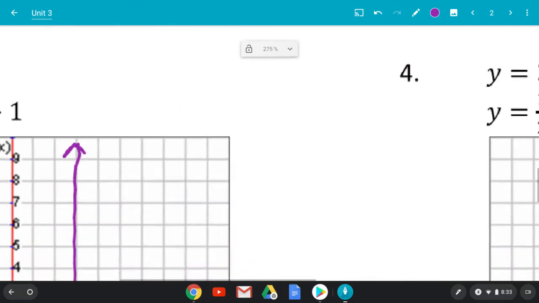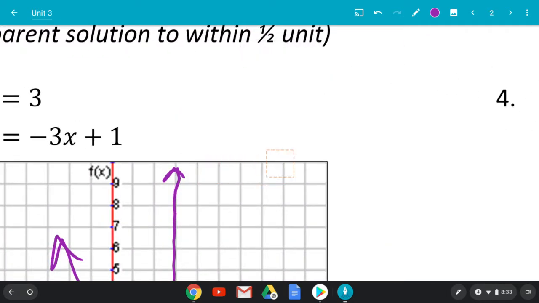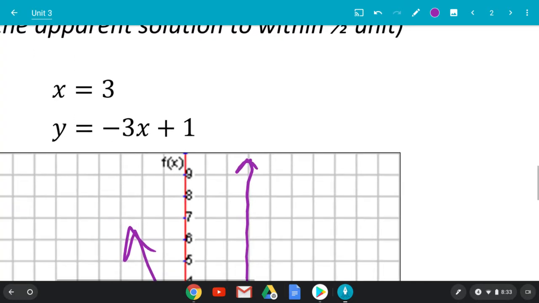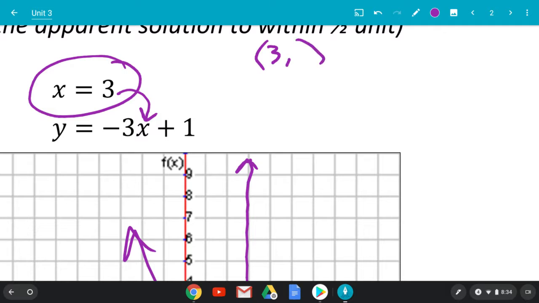Number 3, although we were able to graph it really quickly and easily, this particular system is set up beautifully for substitution. Well, what's substitution, Coach Herman? Substitution is where I substitute the one value into the other equation. I already know my x is 3. All I need to know still is my y.